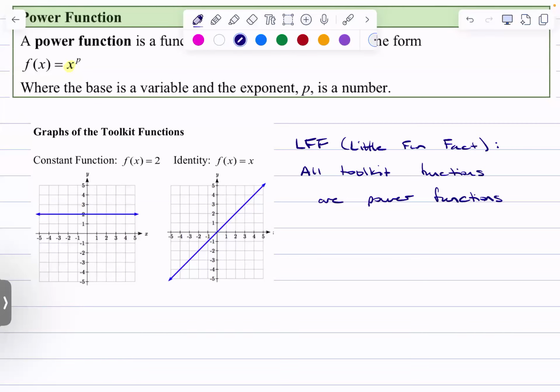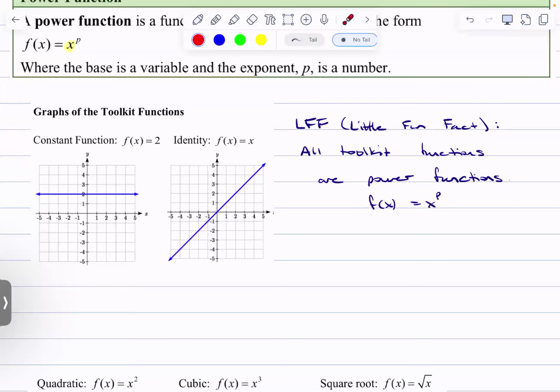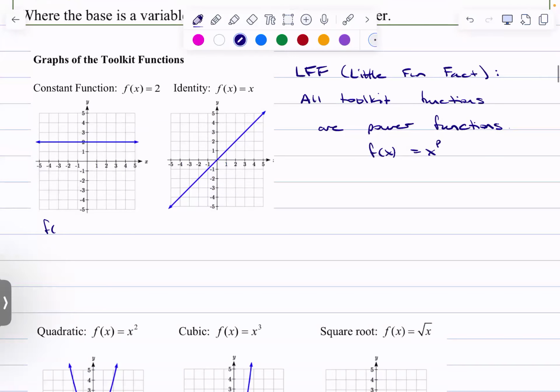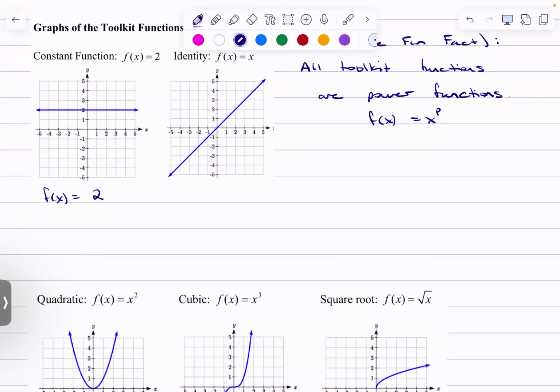Which means that we can write them as f of x is equal to x to the p, where p is going to be some number. The first one is super boring. F of x equals 2 is just a horizontal line at 2, right? And so in f of x equal to 2, x is equal to 2 and p is equal to 1.